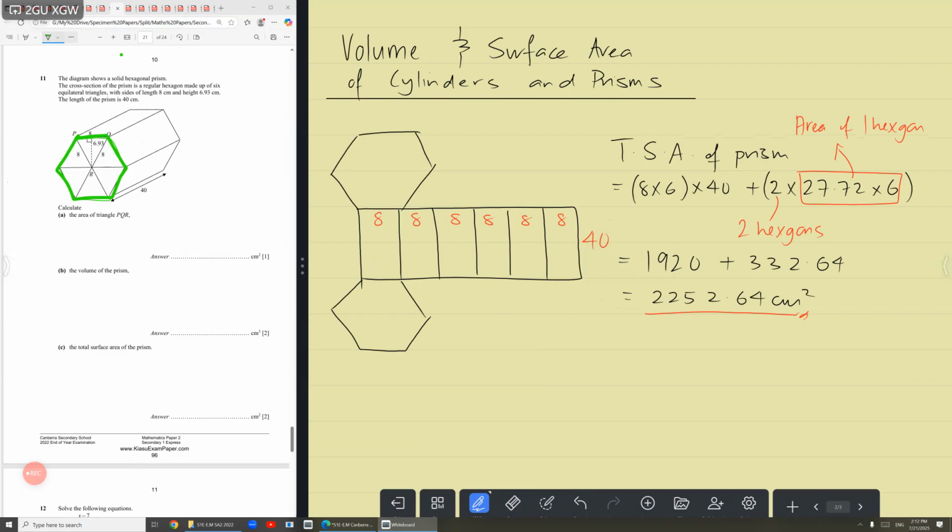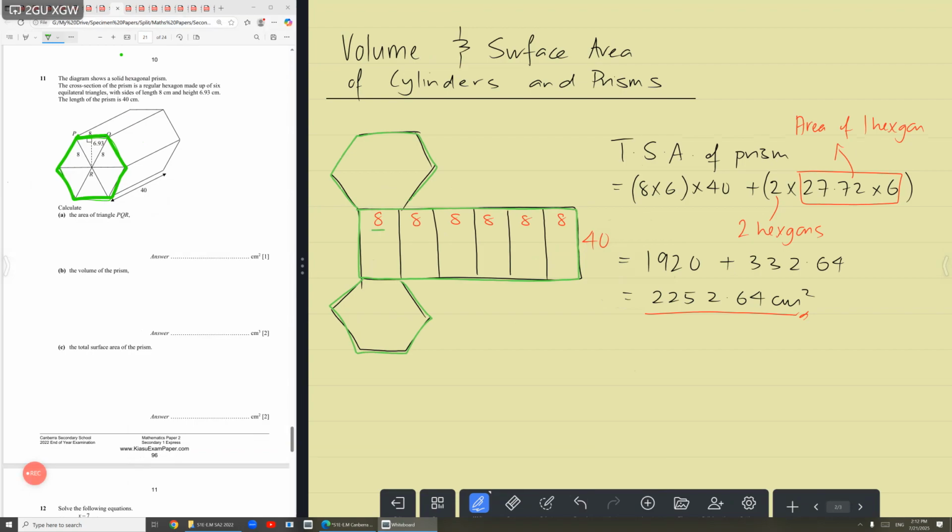So this is the net of the solid, and the 2 hexagons are just attached at one end of the rectangle. So you are looking for the area of these shapes, and then you will get the total surface area of this prism.